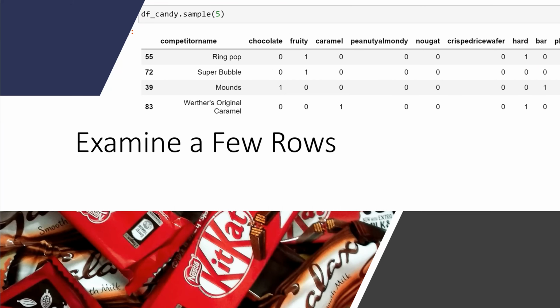Here we take the non-rotated or original data and we look at a random sample of 5 rows. Here we see the candy or competitor being Ring Pop, Super Bubble, Mounds, and Werther's Original Caramel. So the .sample and taking 5 allows us to grab 5 randomly generated rows.